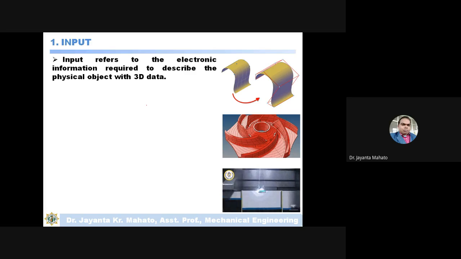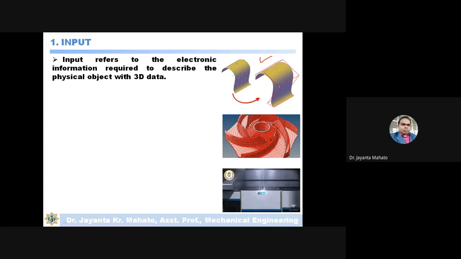Three-dimensional data means, suppose these physical objects are like a surface, as in this first figure. So this is like a surface. To describe this surface, three-dimensional data is required.